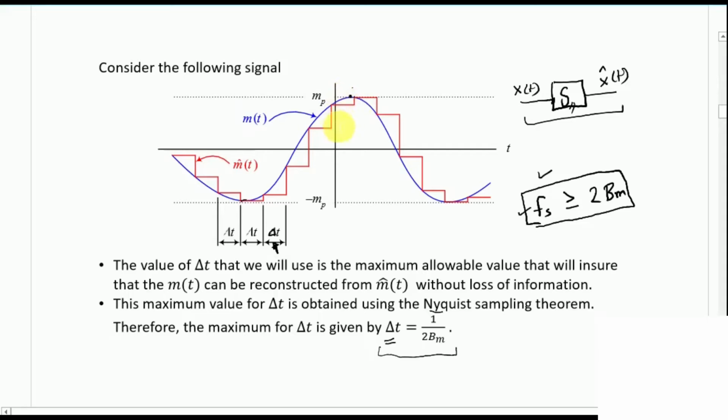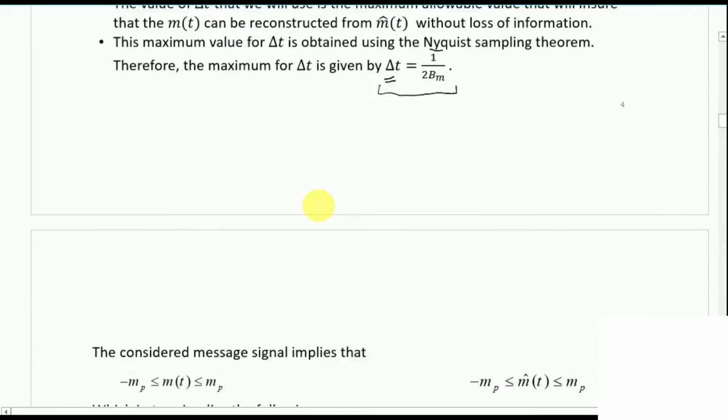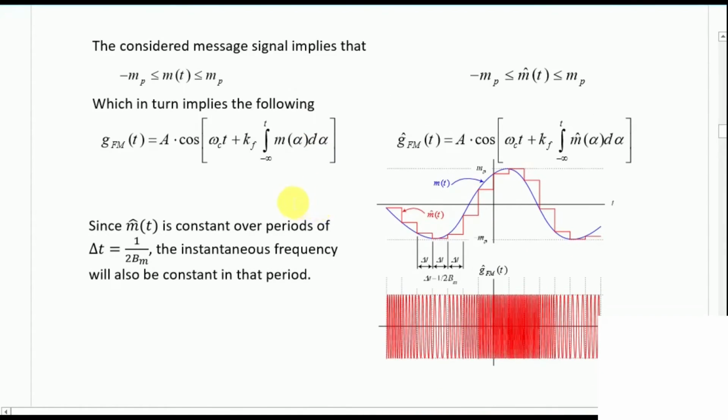The maximum amplitude of the message signal gives the maximum oscillation in the modulated signal, and the minimum gives the minimum oscillation. To summarize this point, the message signal has peaks minus mp and mp, and similarly the approximated message signal m hat of t again has peaks minus mp and mp.